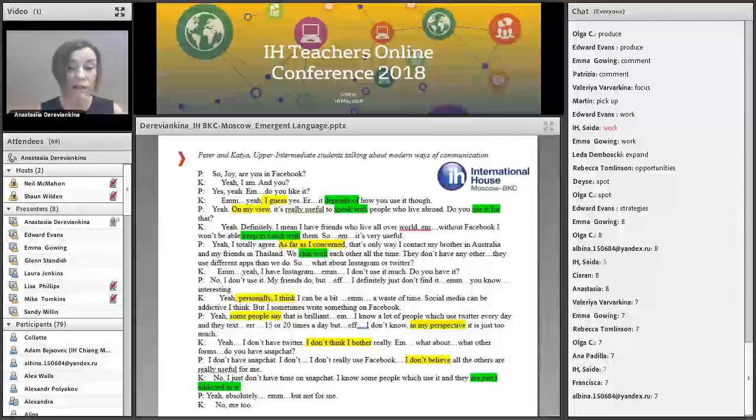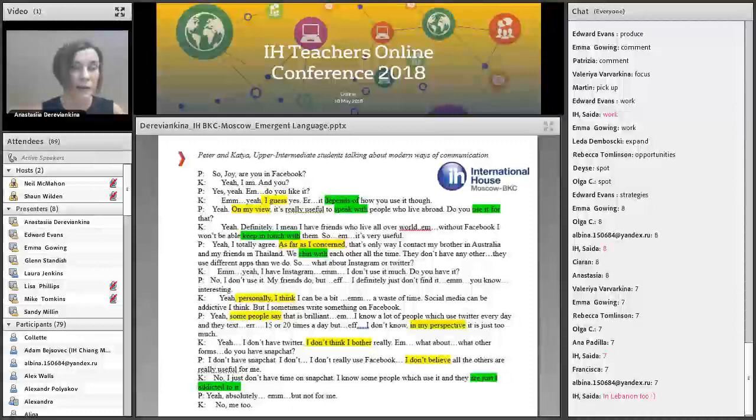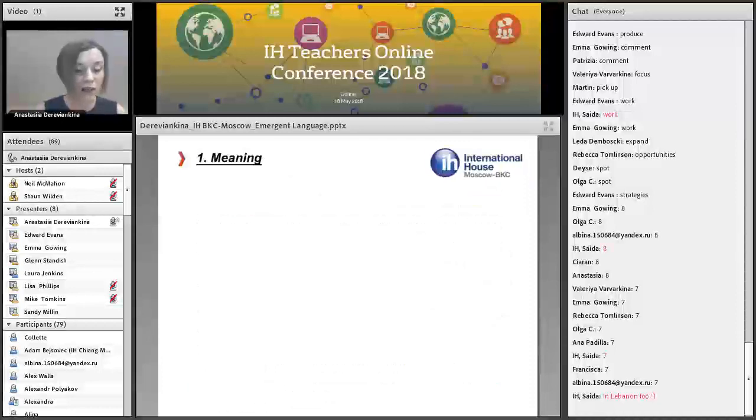And prepositional phrases, because I find this topic extremely important, especially with Russian students, because we tend to translate from L1 into L2 word by word. So that's why I constantly deal with prepositional phrases, because it's something that you just need to memorize. You cannot just, I don't know, find somewhere that it is 'to depend on', for example. All right. Now I'm going to present 3 activities that I use to deal with emergent language. The first one is how I deal with meaning.